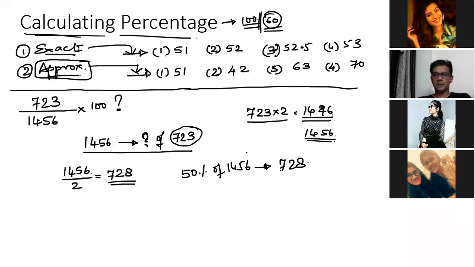But what is it that you're searching for? You are searching for a value which is 723, which means a value slightly lesser than 728. So what will your left hand side answer be in that case? Will it be more than 50% or less than 50%?